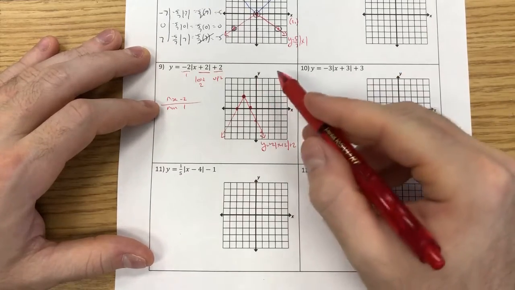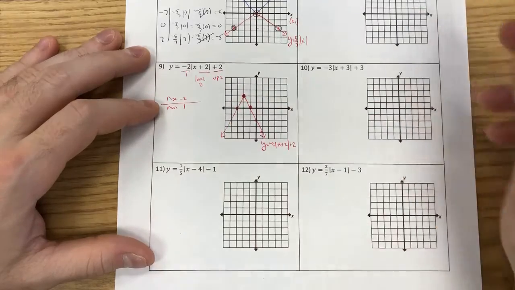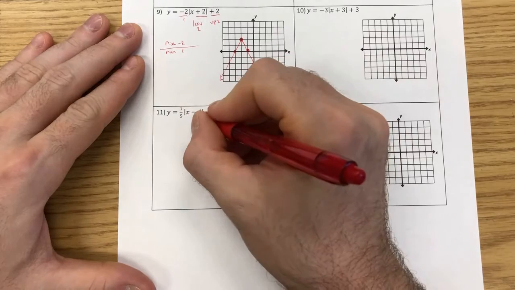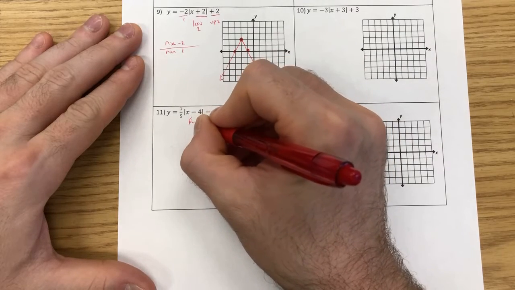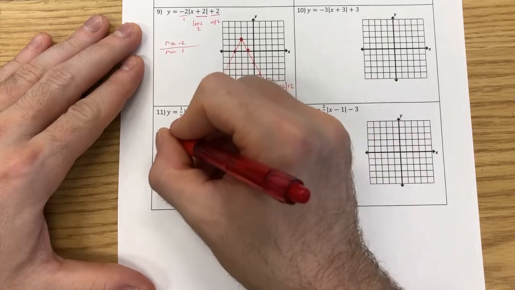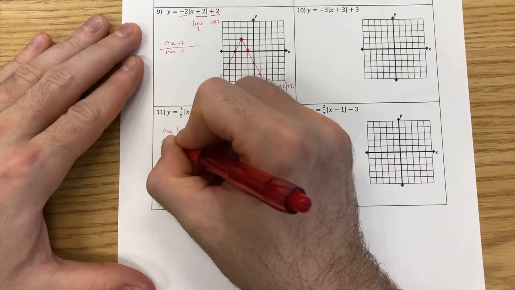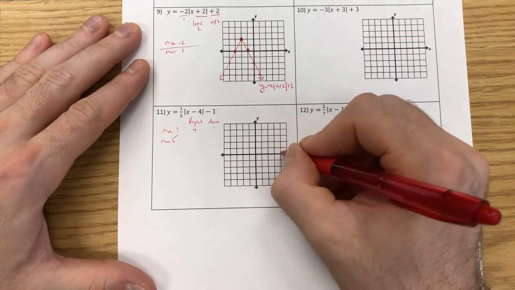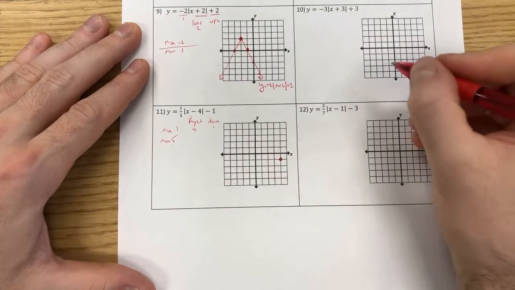In fact, any graph, as long as we move it and then stretch it, we're good. So even with this one down here, I'm going to be moving it to the right by 4 and down 1, and I'm going to have a rise of 1 and a run of 5 in both directions. So right 4, down 1, there's my vertex.